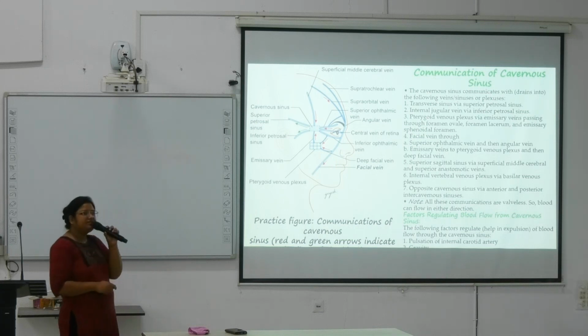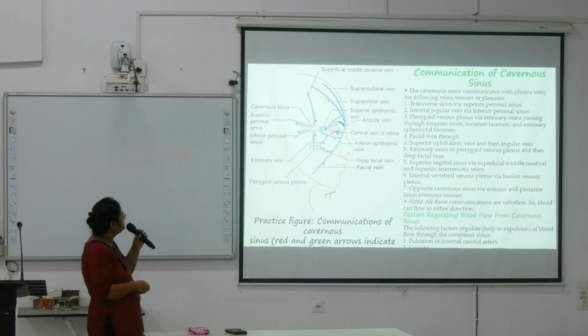Communications are important for different clinical aspects related to the cavernous sinus. So the cavernous sinus communicates with or drains into the following veins, venous sinuses or plexuses. It is connected to the transverse sinus via the superior petrosal sinus.